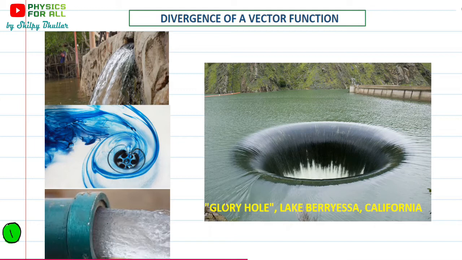Now, just to understand this further with an example, again I'm going to consider this picture. Here you can see this first picture that I'm talking of. I'm considering my vector field, the vector function, to be water, a fluid.